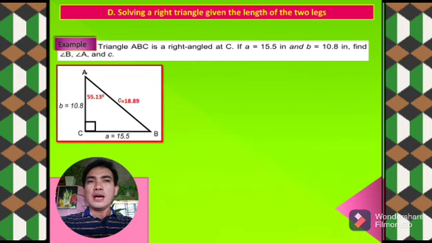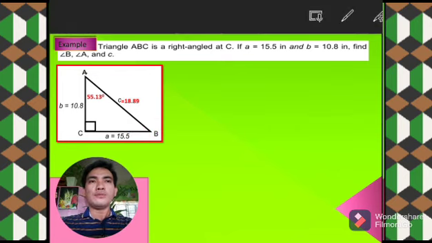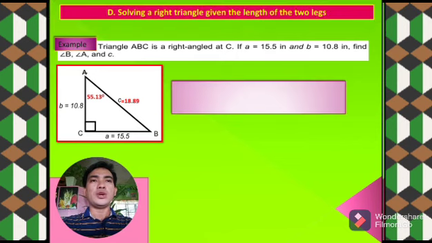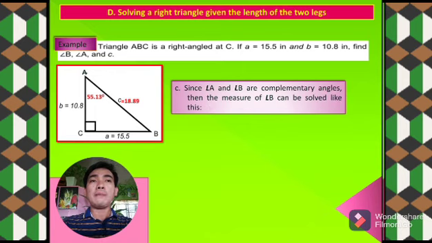As you have noticed in our illustration, angle A is 55.13 degrees and side C is 18.89 inches. And we will be looking for the measure of angle B here. To find the measure of angle B, angle A and angle B are complementary angles.